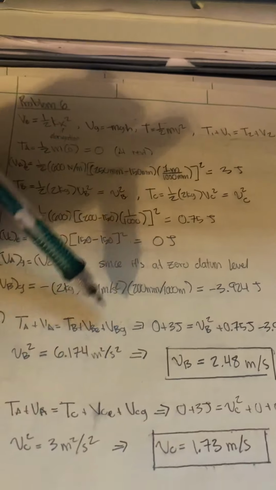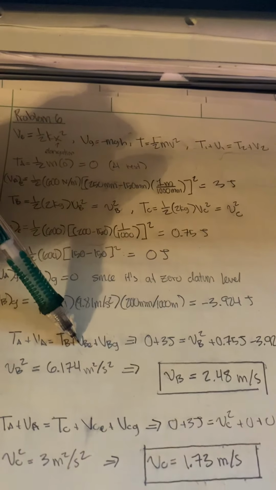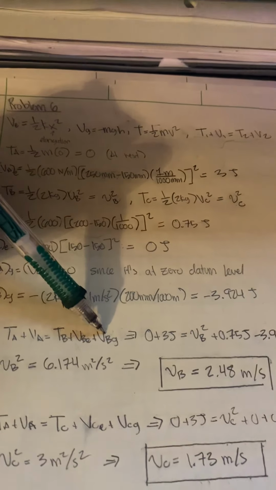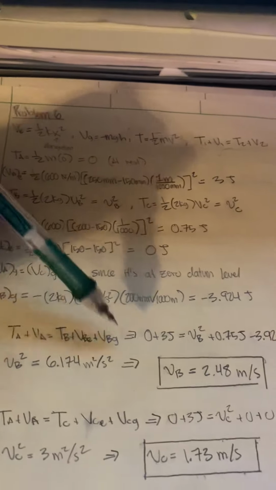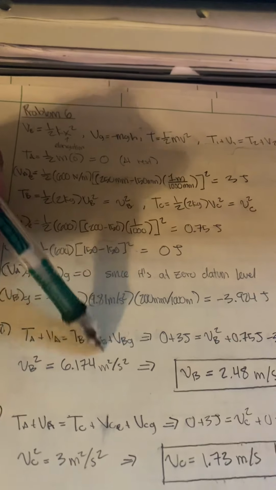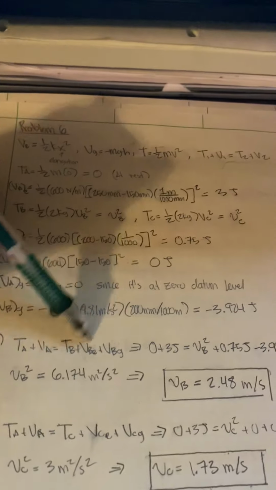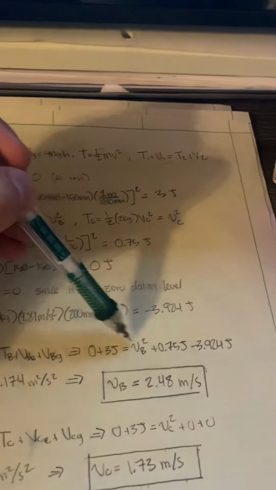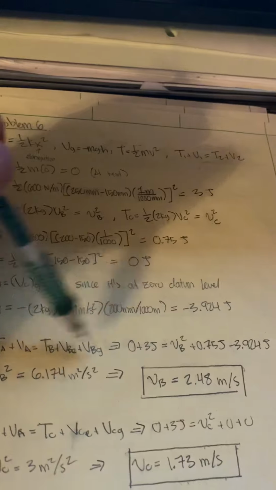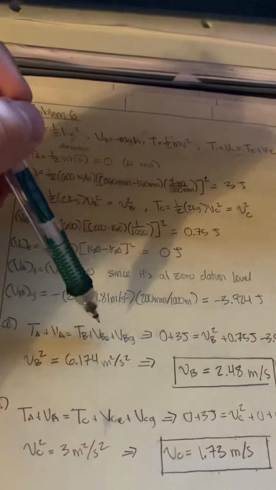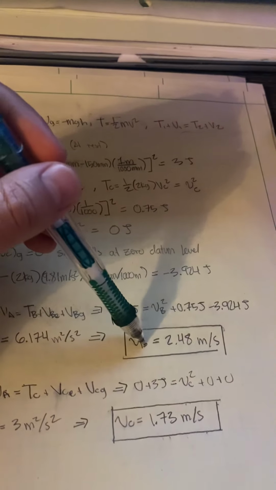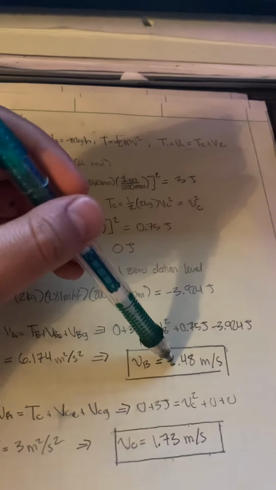Essentially the potential energy for the spring and the gravitational potential energy will equal the total energy of point B. So we plug in all the values that we know right here. We know that TB was equal to the velocity squared. Get that by itself and then square root this value to get the actual velocity at B. It's 2.48 meters per second.